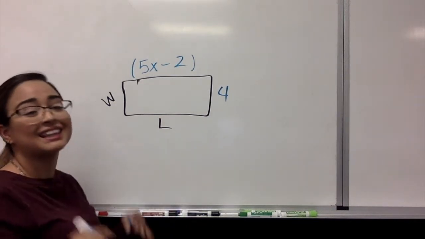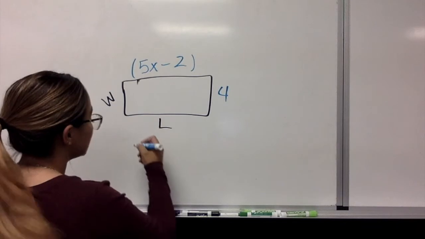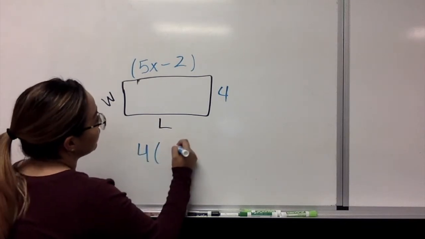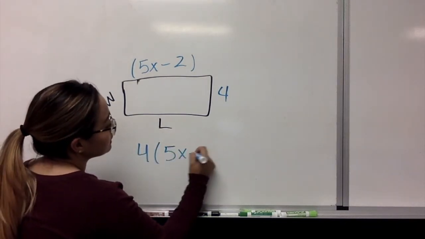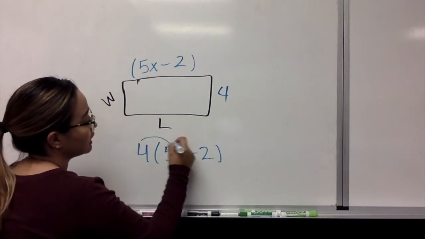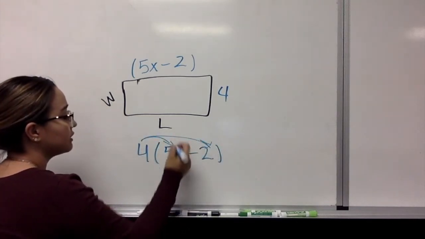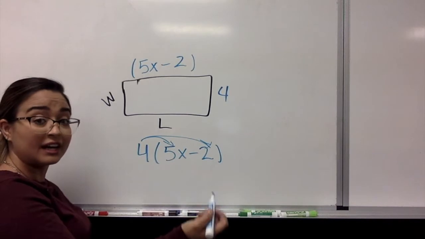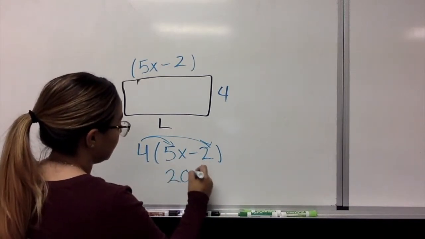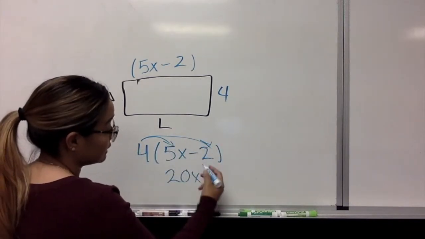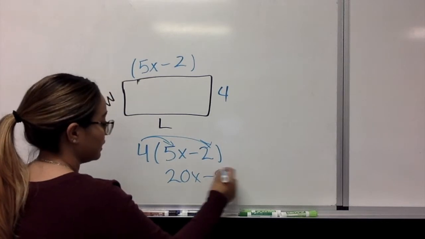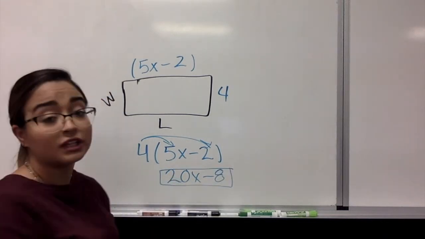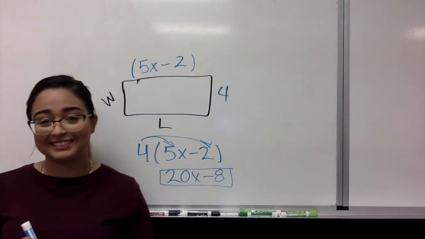With the distributive property. So we would take the 4 and distribute it amongst the other expression like so. And it would give us the answer: 4 times 5 is 20x and 4 times negative 2 is negative 8. And this would be our answer for the area of the rectangle.